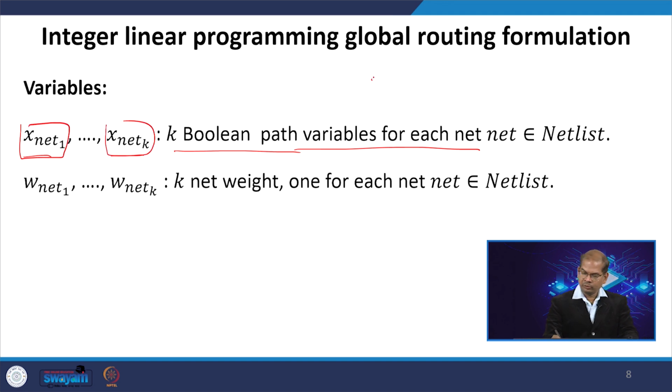Let us say I have two points, they can be connected in multiple ways. Each one is denoted by xnet1 and all the possible combinations. Similarly, the weights assigned to those nets are denoted by Wnet1 to Wnet k, the net weights.